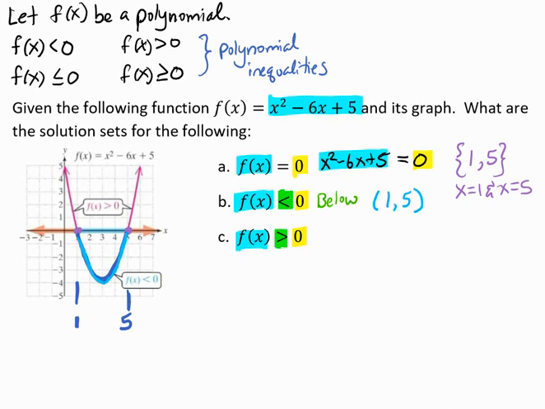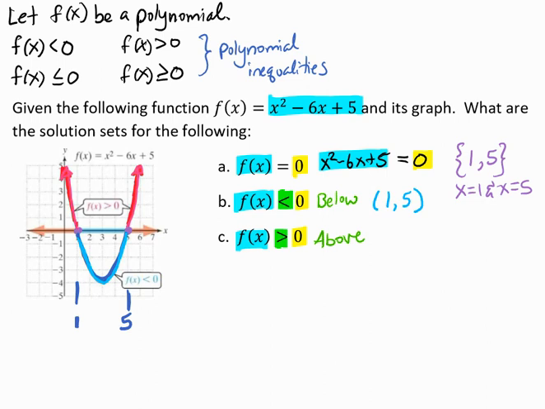Now if we want to know where our graph is above the x-axis, because now we're looking for greater than 0, we can see that that's happening on these red parts right here and right here. Those are above our x-axis.